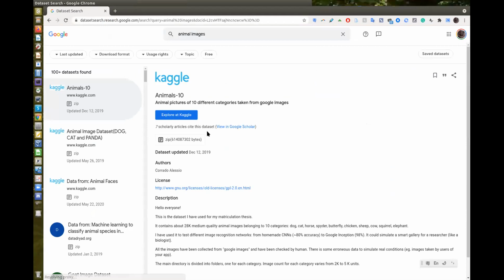Or you can also search in Kaggle, but I guess you can just use Google's dataset search because it connects to Kaggle anyway. Kaggle is, of course, a competition site that lists lots of competitions. They usually have lots of datasets also. You can browse those.